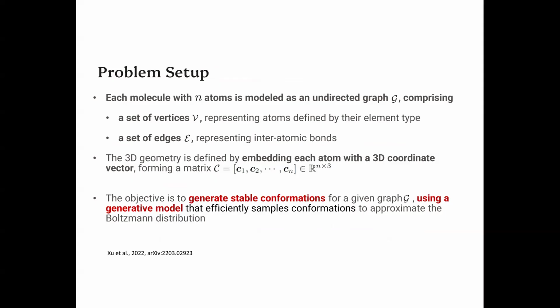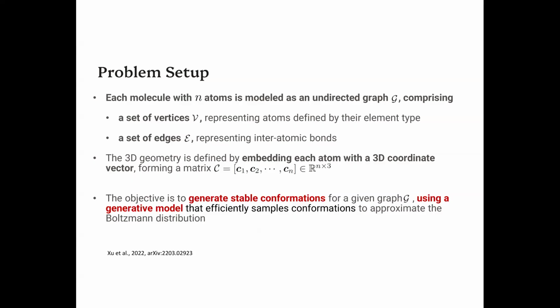Okay, so what is the problem setup? We assume that each molecule with n atoms is represented as an undirected graph comprising a set of vertices, which are the nodes, representing the atoms defined by their element type, and a set of edges, which represent their interatomic bonds.